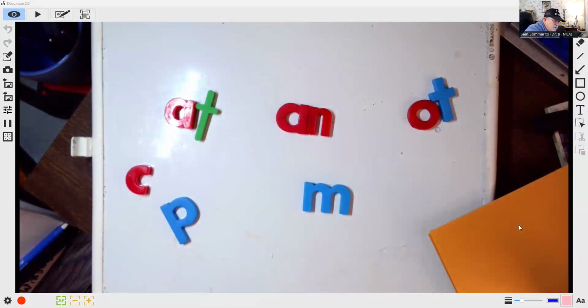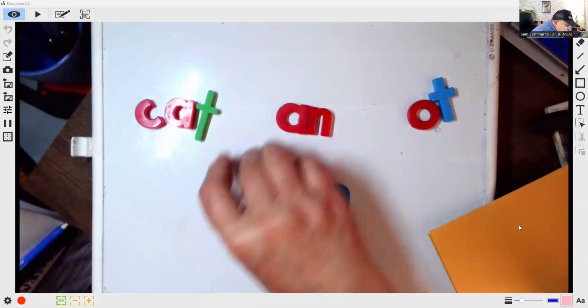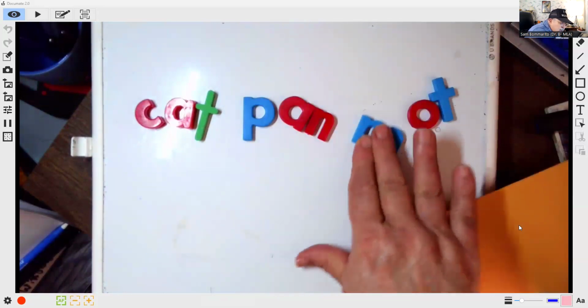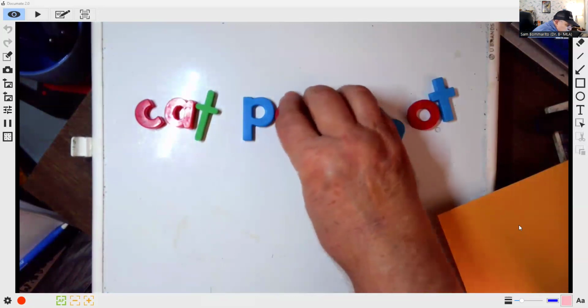Now, why is this so important? Because once you're out of the very beginning of kindergarten, you learn how to sound like k, a, t. But by 3rd or 4th week, maybe 5th week in kindergarten, we start using chunks, and we start doing it by chunk, like k, at, and p, an, and m, ot. Okay, it helps you to learn your letters.